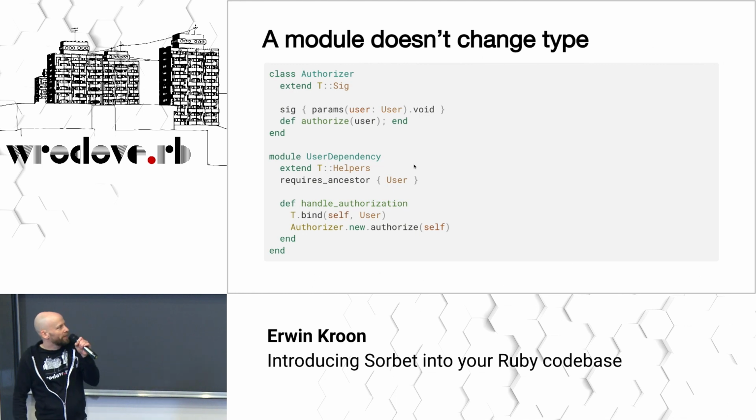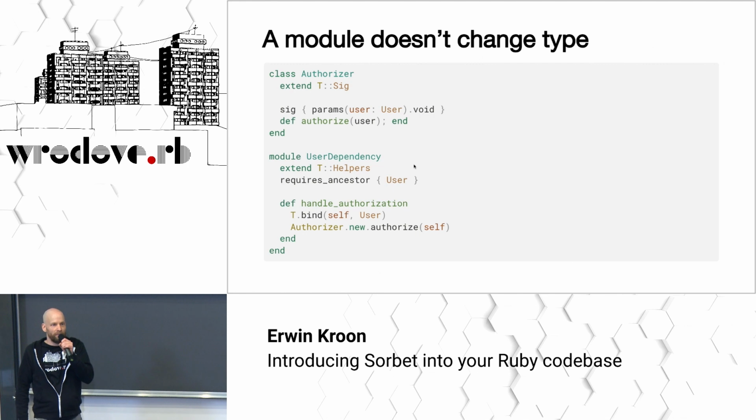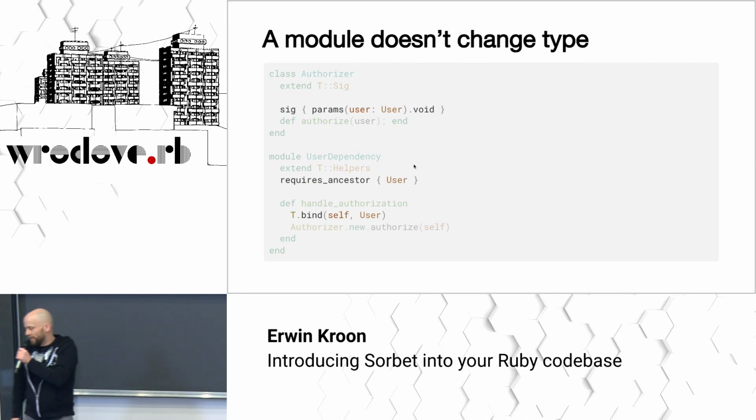Then we get into a harder problem: if you have a module, it will not be able to change the type. What you see here, we have an authorizer that needs a user.